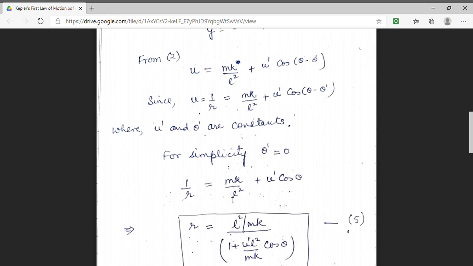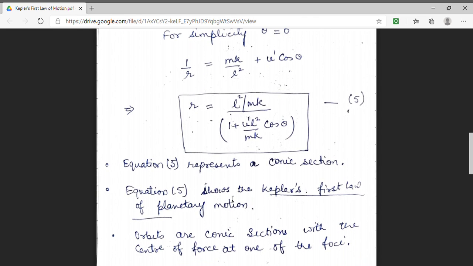I get my value of r as L square upon mk divided by 1 plus u dash L square upon mk cos theta. This equation represents a conic section.